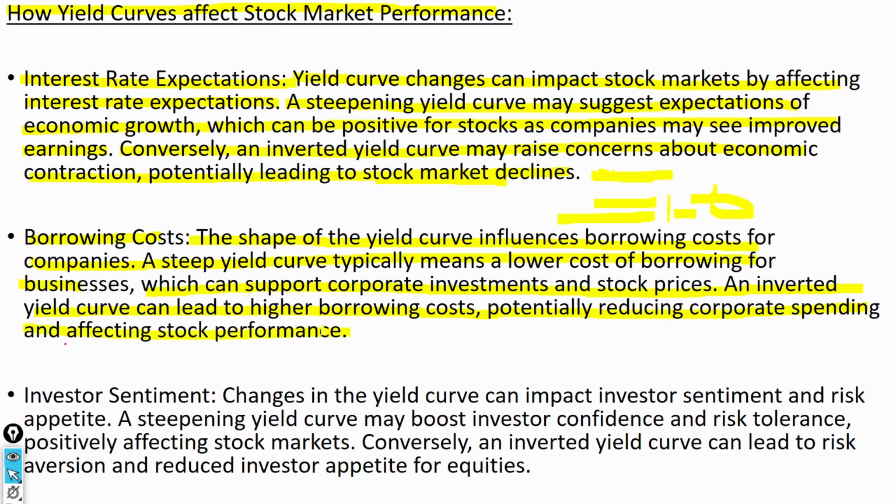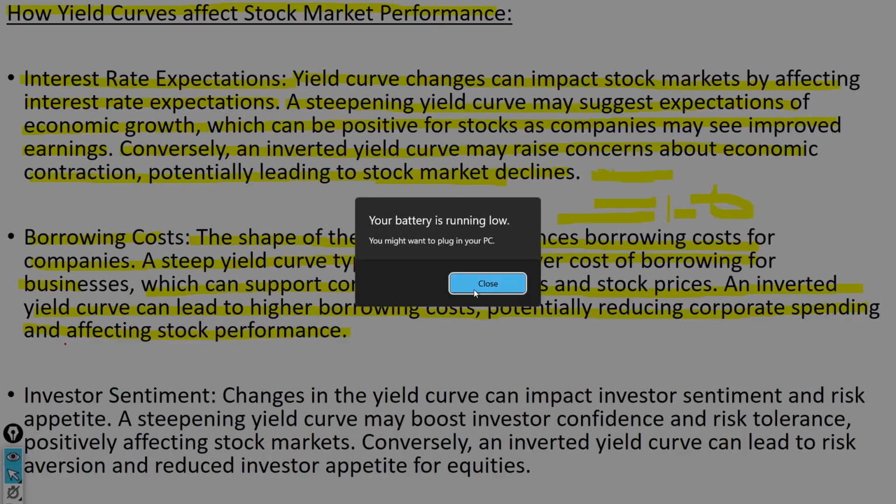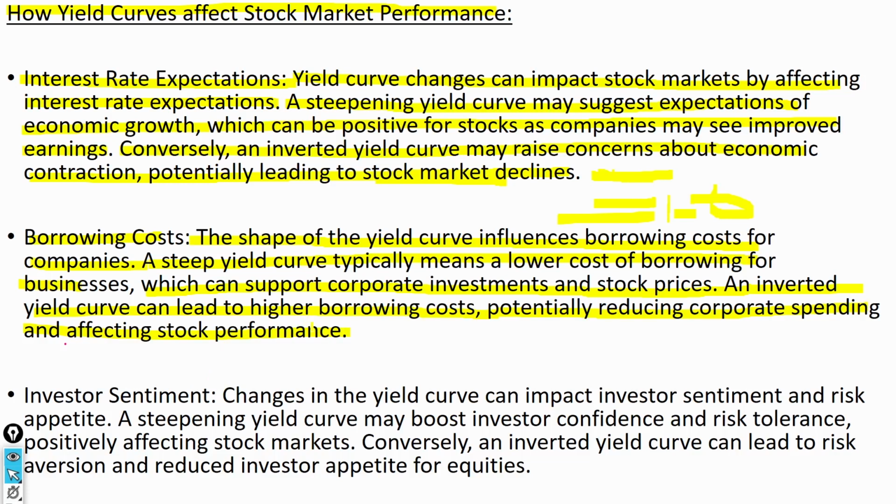So during a time like now, when the short-term yields are very high, banks are more likely to put most of their money into government bonds than lend that money out to companies. So the stock market is likely not to do good because of these high short-term rates. When the yield curve is inverted, the stock market will not do good.